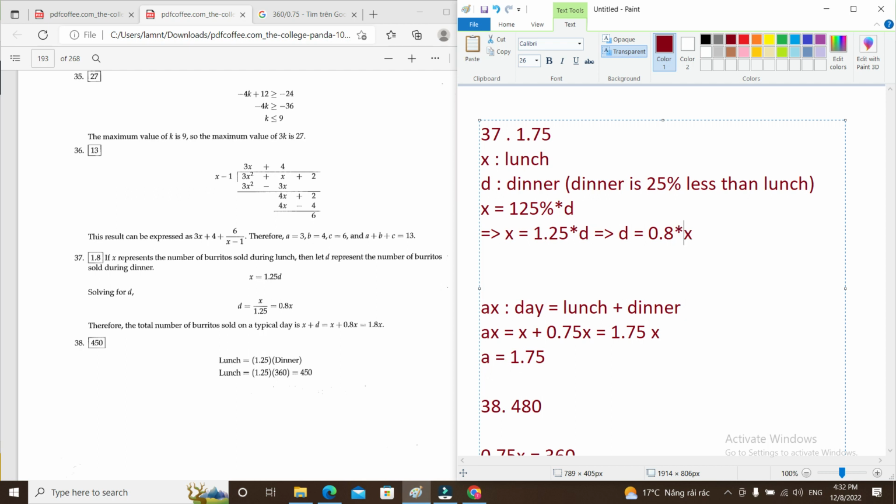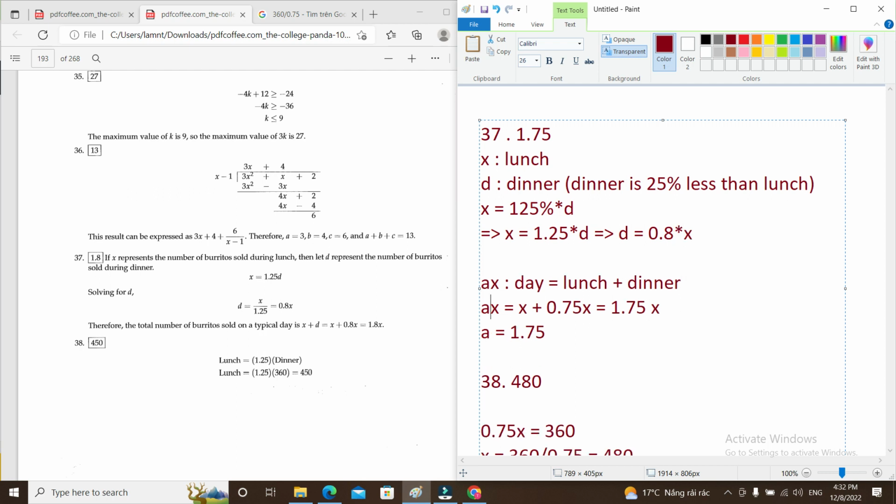So ax now is just lunch plus dinner, so lunch is x and dinner is D, right? So that is just x plus 0.8 of x.